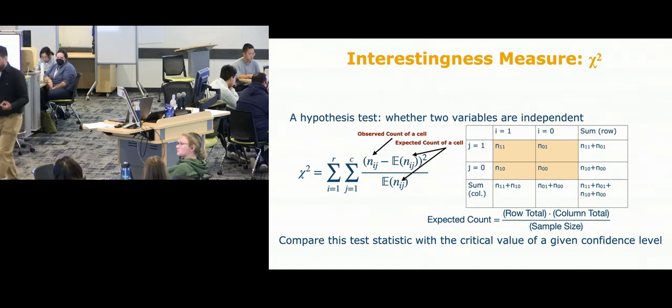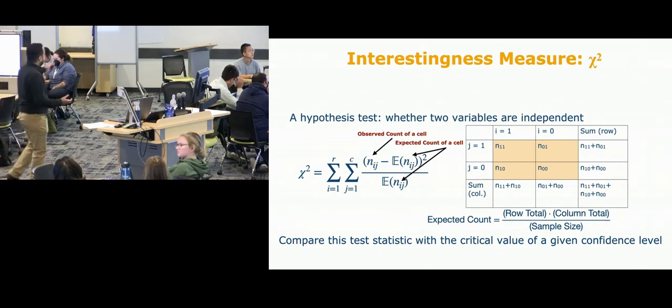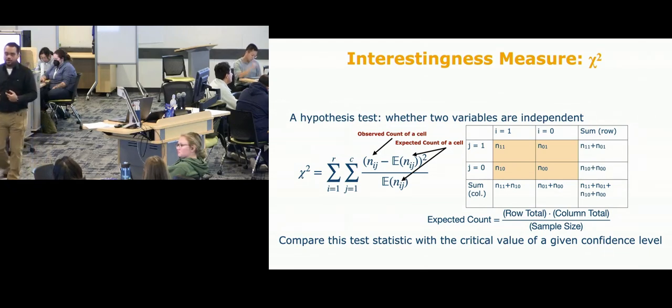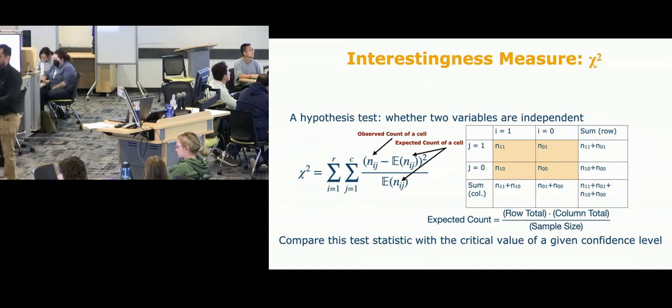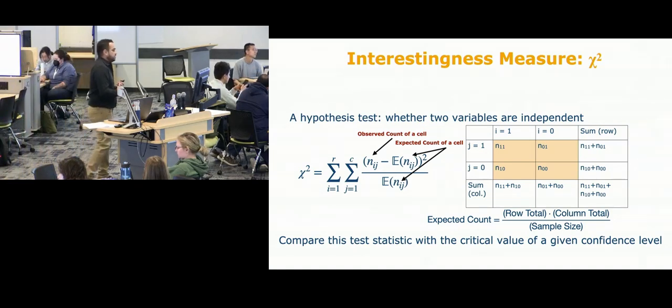The expected count is the row total multiplied by the column total divided by the sample size. Then, as with all statistical tests, we compare the value to a table of critical values of the chi-squared statistic, and we can get a confidence level, whether this number is significant at 95% confidence or 99% confidence and so on. And if it is, then you can rest assured that this is a significant pattern.